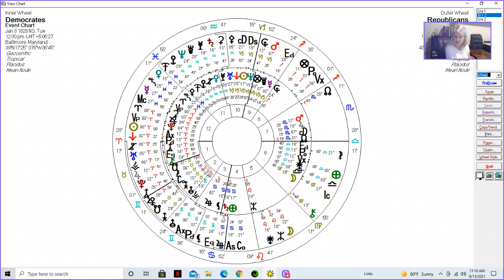The other thing I want to point out here is, and I'll get to that, the Sibley chart, when I get to that, I have notes already on that. We do have, though, that for the Democrats, and I have to look for this again. This is why I should write this stuff down.